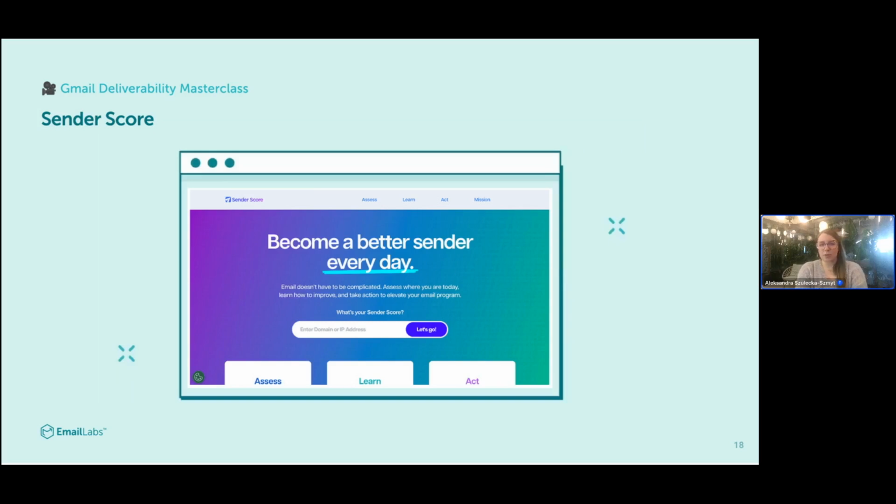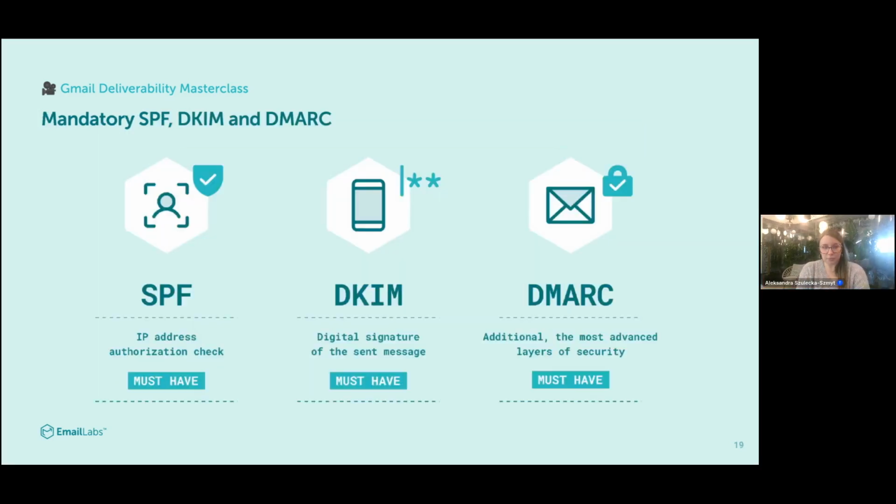It ranges from low to medium to high, but it doesn't really say which provider provided the information. It is also a good tool to monitor the volume and the reputation of your sendings, for example, in a previous month or in another time frame.